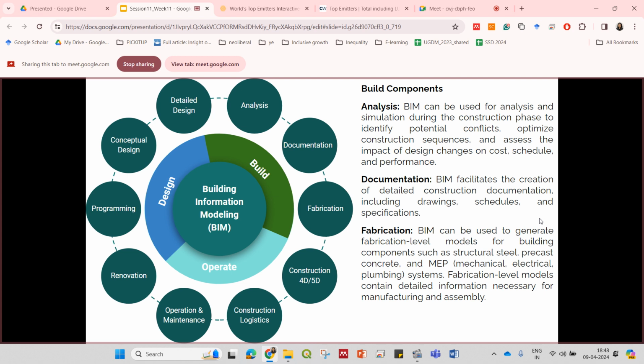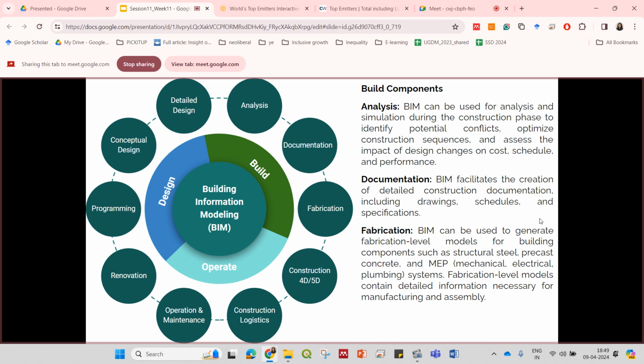You can optimize the sequences, and you can also assess the impact if you make such and such design change, or changes in the schedule, on your cost, on your schedule, and on the performance of the building. So this is the analysis part of build.